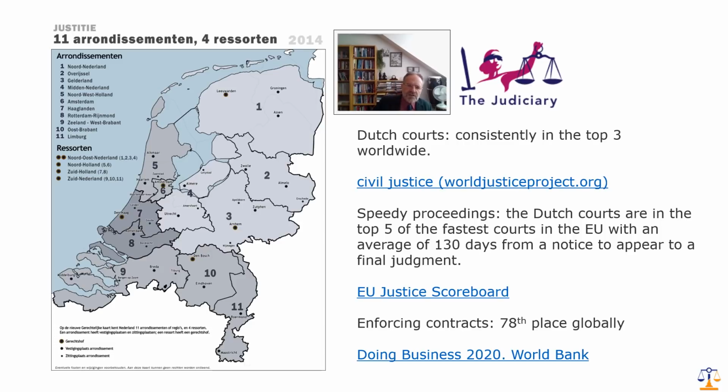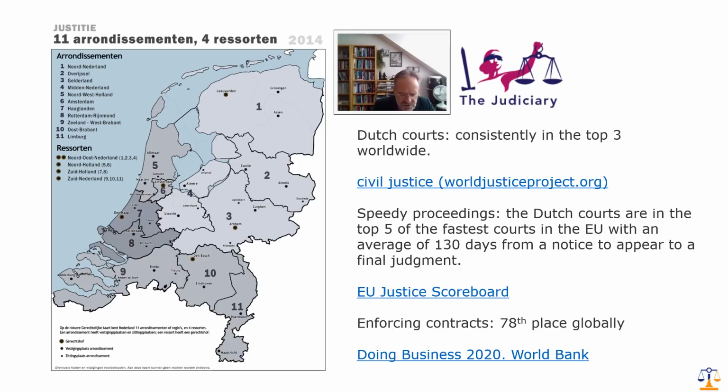Now, the Dutch court system consists of 11 sub-districts and 4 districts. We have a layered court structure. That is generally the case in countries. You have lower and you have higher courts.